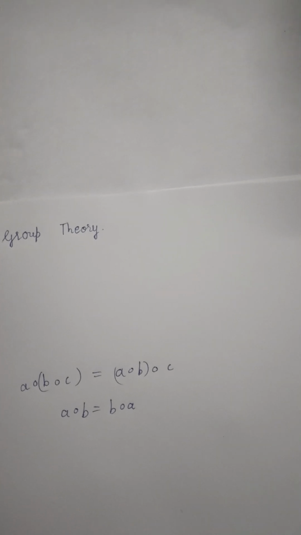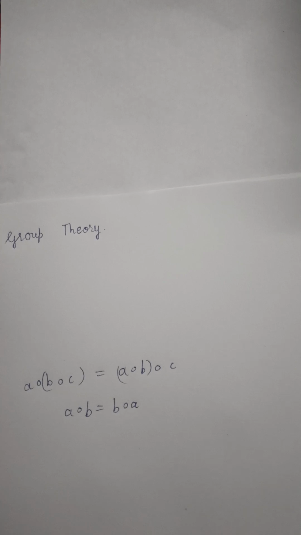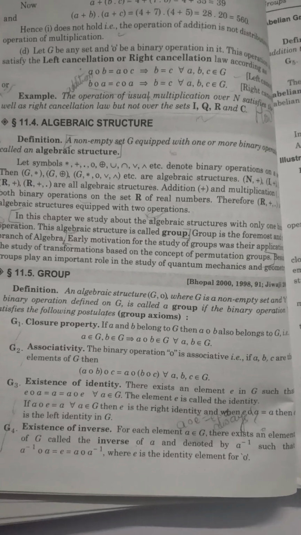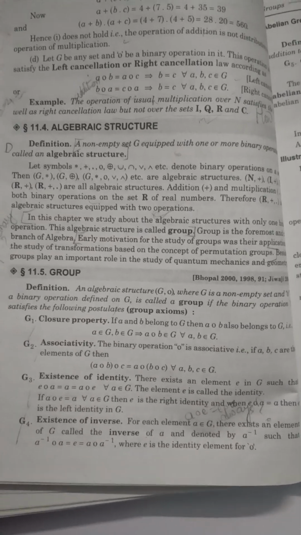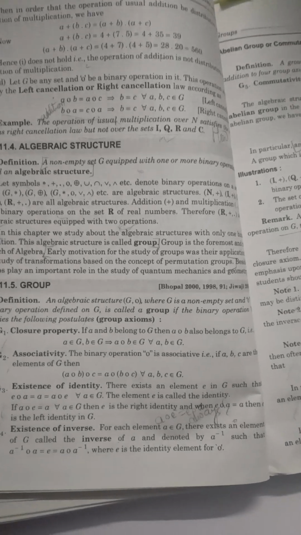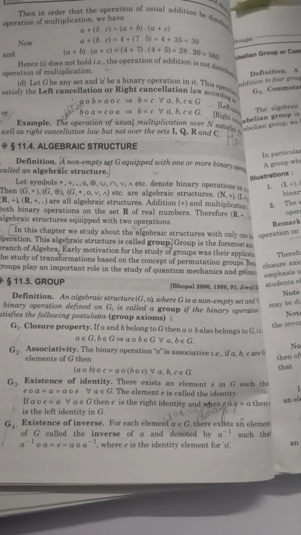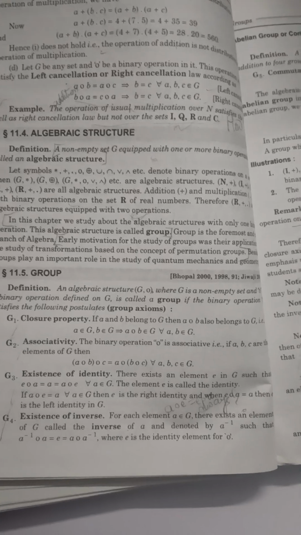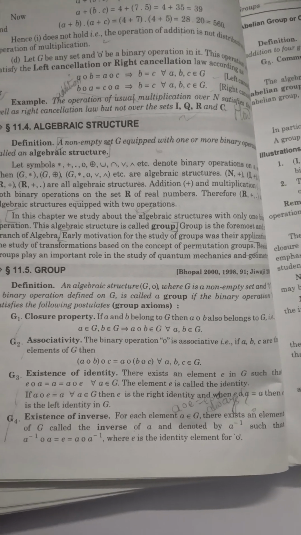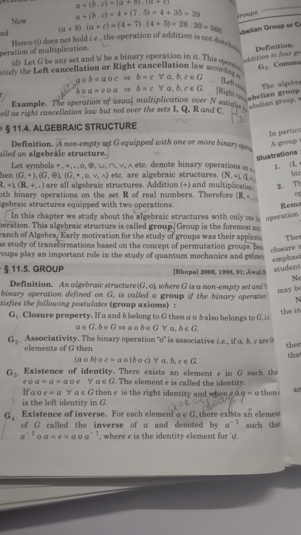So for group axioms only four properties are needed. Existence of identity. There is an element E which is the identity element. If you perform the operation E O A, then you get the element itself.